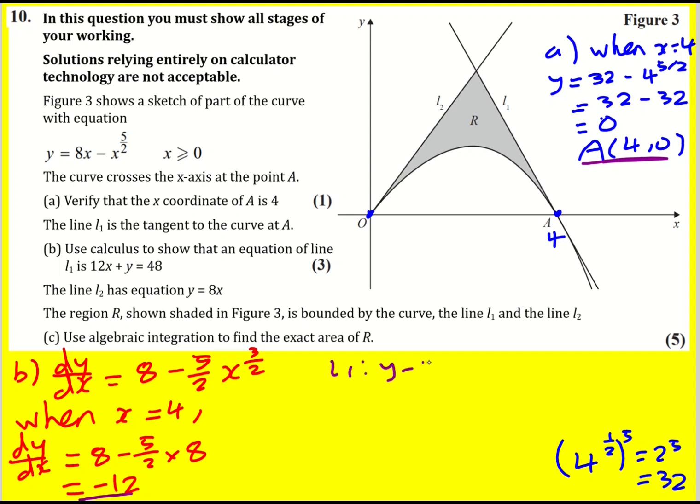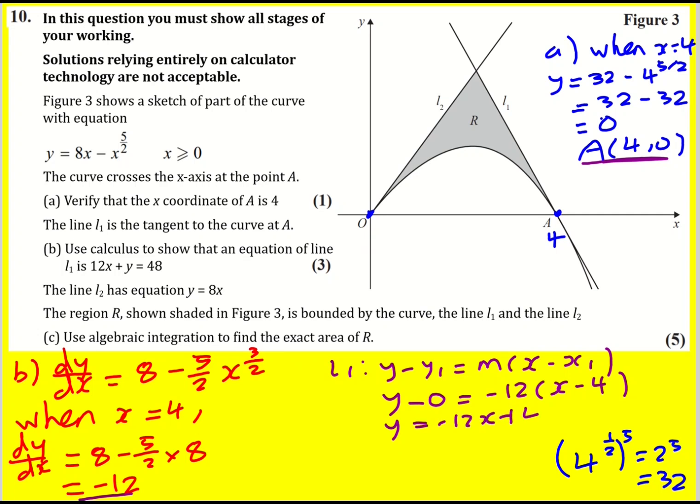L1, we can do y minus y1 is equal to m(x minus x1), or if you prefer, use y equals mx plus c. y minus 0 is going to be minus 12 times (x minus 4). So y is minus 12x plus 48. And therefore, 12x plus y is 48. Okay, so that's these two bits sorted. We're then told that L2 has equation y equals 8x.